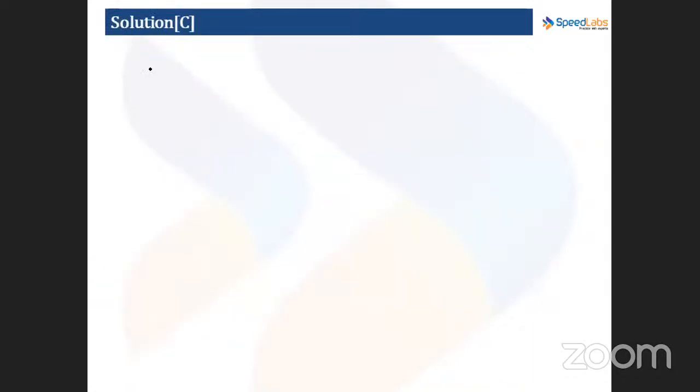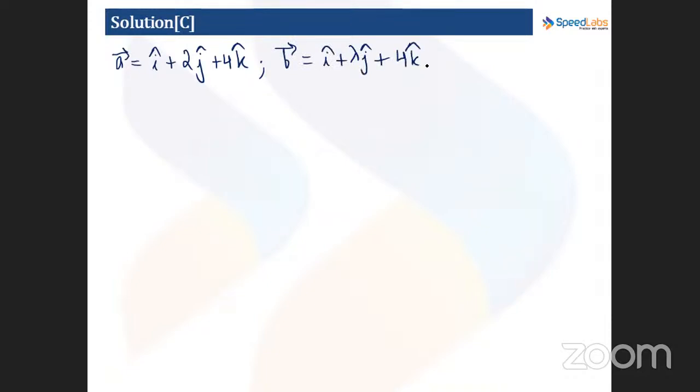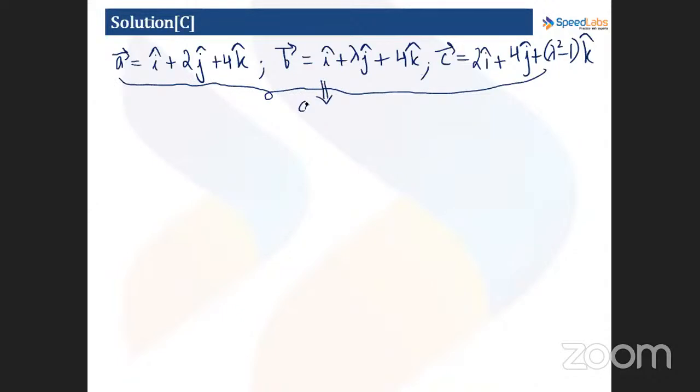Let's see why. A vector is given as i cap plus 2j cap plus 4k cap. B vector is i cap plus lambda j cap plus 4k cap, and C vector is 2i cap plus 4j cap plus lambda square minus 1 k cap. Now, what is the key given in the question? That these three are coplanar vectors.